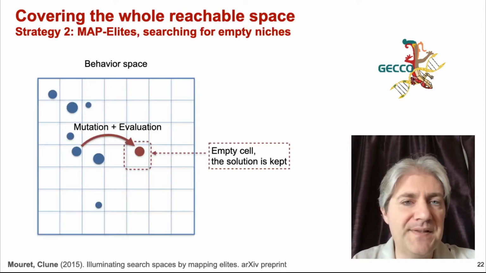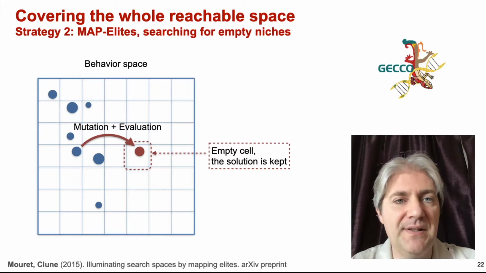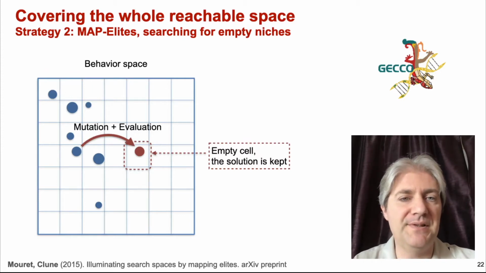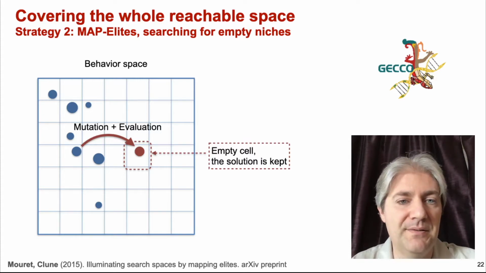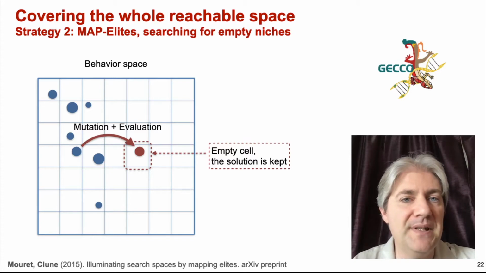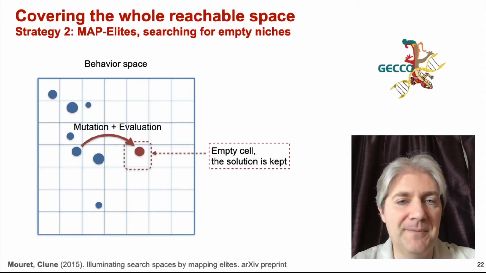There is a second family of quality diversity algorithms that will be presented in more detail in the remainder of this tutorial, which is based on MAP-Elites, with the idea of considering a grid of solutions and making the competition local to each cell.